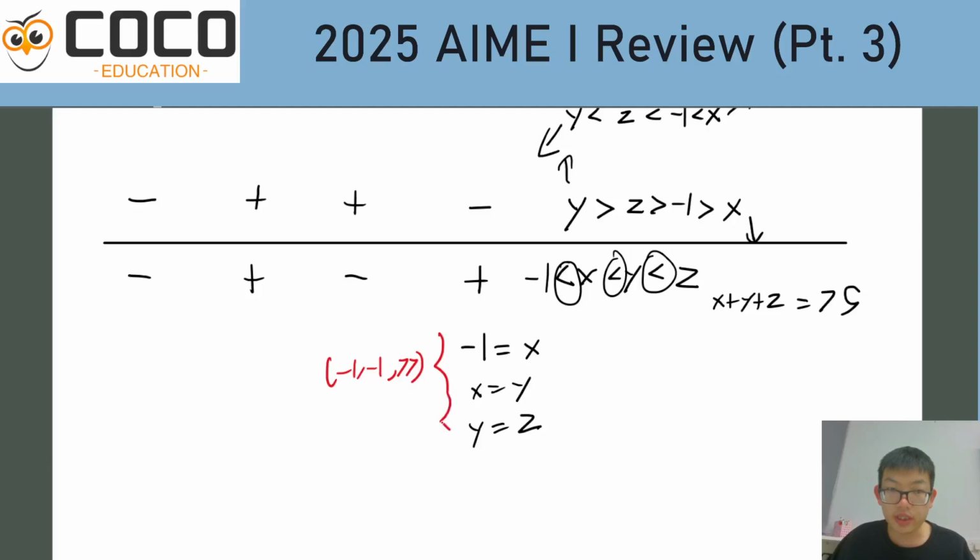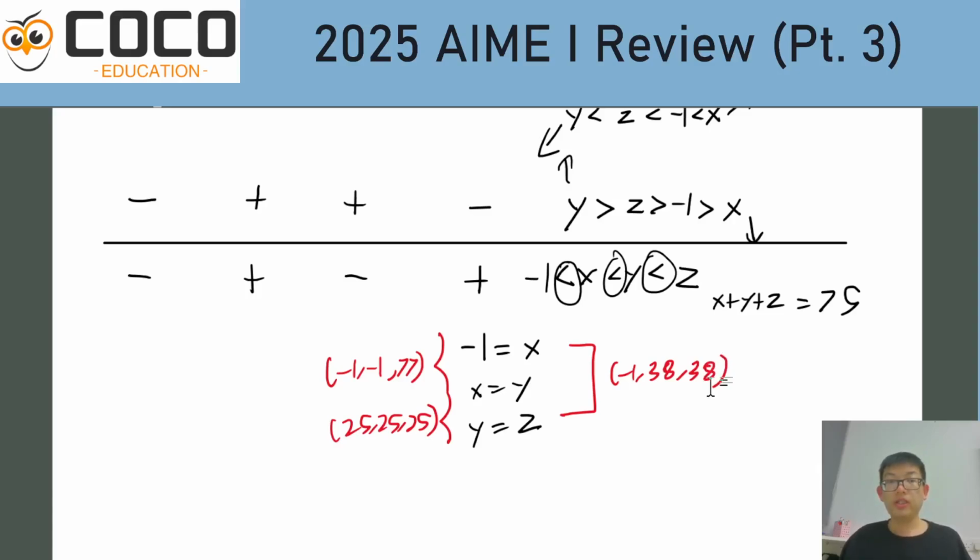If x, y, z are all the same, that would be 25, 25, 25. And if I have the first and third, then that would be negative 1 for x and 38 for the other two. Great, so these are 3 points.